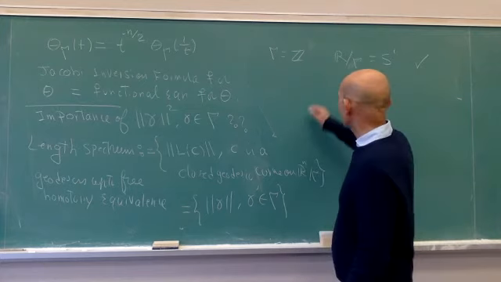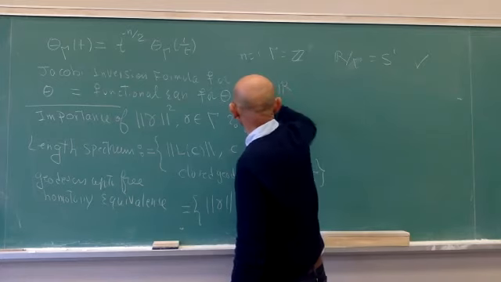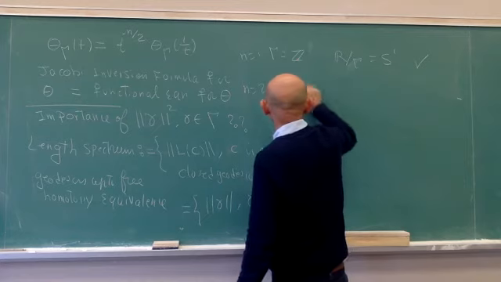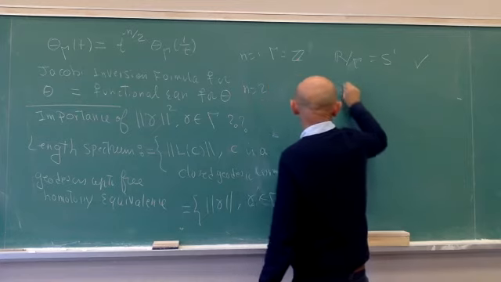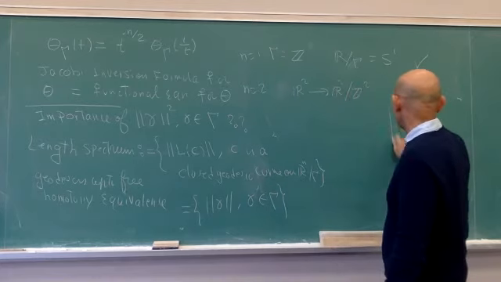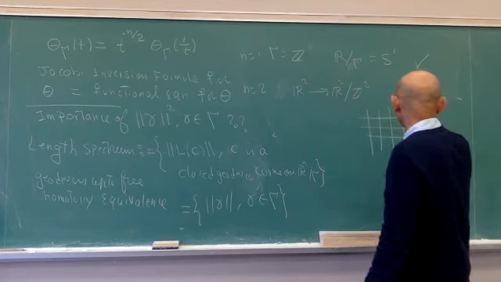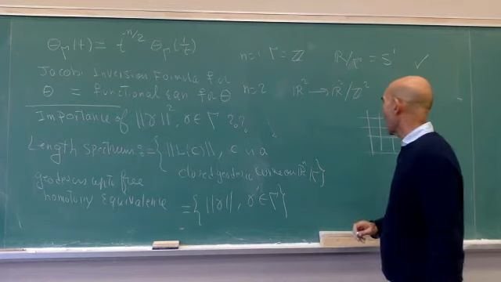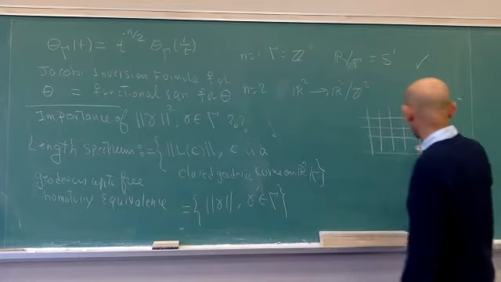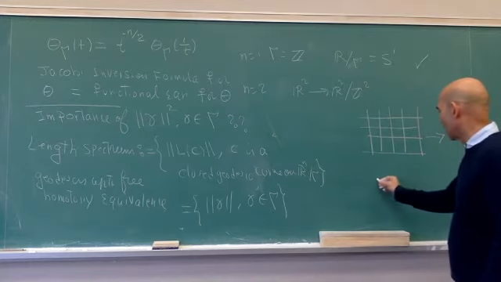Okay. Now let's look at the case of n equal to 2. So we have R2 over Z2. So this is your lattice, a square lattice, and we have this map here into the torus.